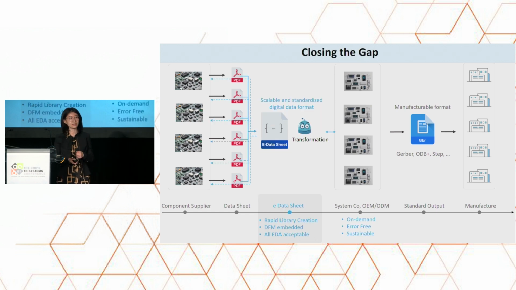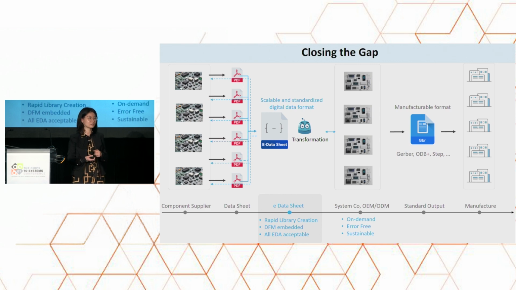If this standardized and scalable data format can fully describe the spec information from the PDF datasheet and also the entire design for manufacturing guidelines, then it will enable the quick creation of the libraries, because the component library is essentially a digital data format, right? If we have such a data format that can include all the information, it will allow us to create the libraries quickly.